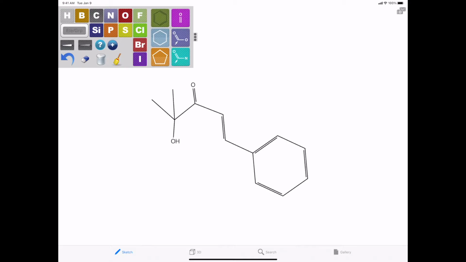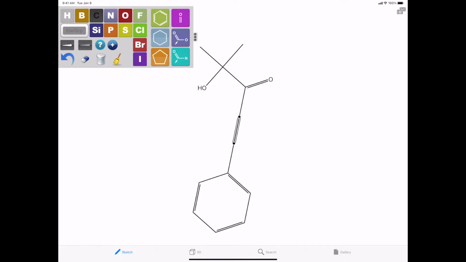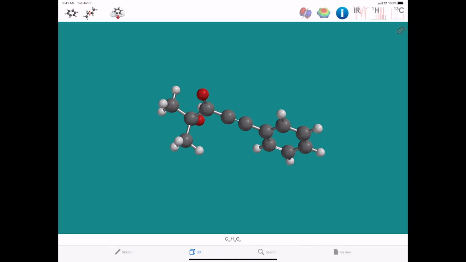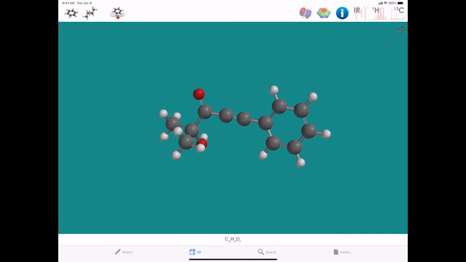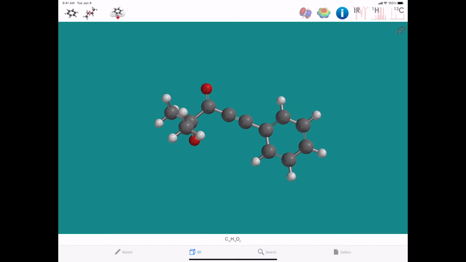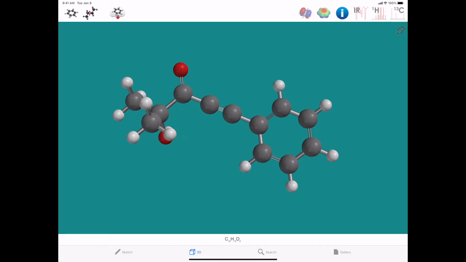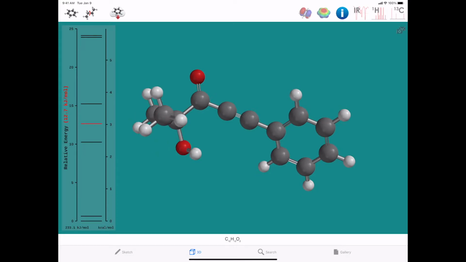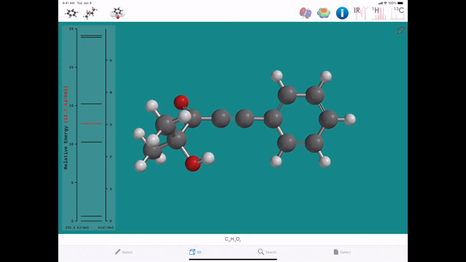In contrast, we can make that into a triple bond, clean that up a little bit, and then go here. And now it says that it's okay. And I'm not sure I understand why that's okay. Other than, yeah, so there's one with our nucleophile.